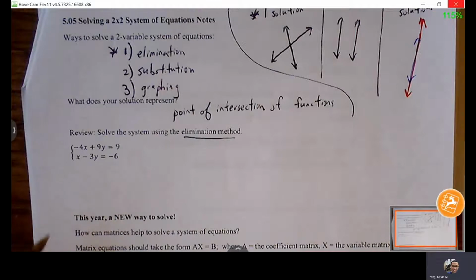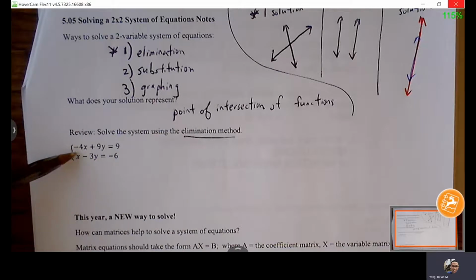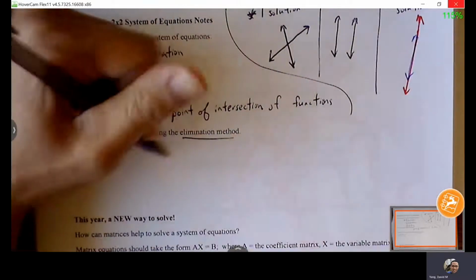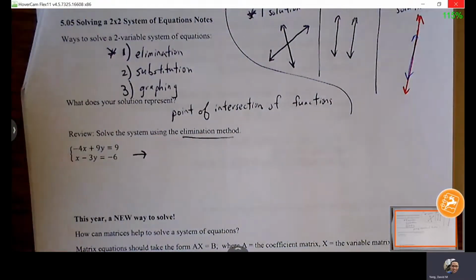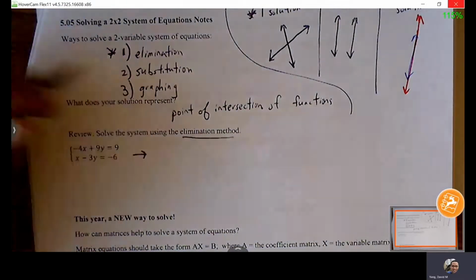The elimination method means that we want to add the columns in a way where either the x's zero out or the y's zero out. It doesn't matter which one we choose, as long as we get one of them to go away, we can solve for the other variable. We could target the y's or the x's, but just so that we work on the same process, let's try to eliminate the x's.